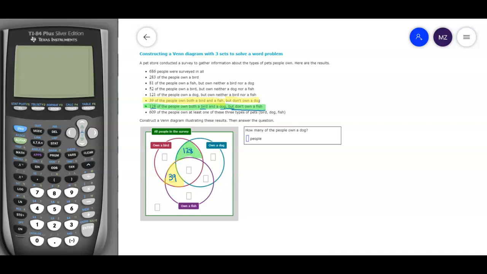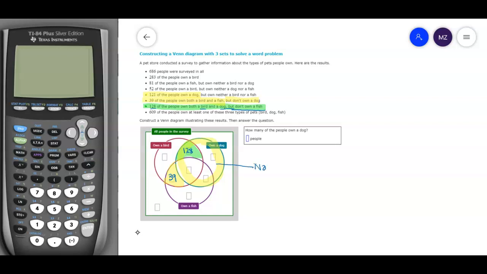Now, this part over here, they're telling you 121 of the people own a dog. The circle of dog is going to be this one here, but they own neither a bird nor a fish. So this is a dog, they own a dog. The group that owns neither a fish nor a bird is only this group.